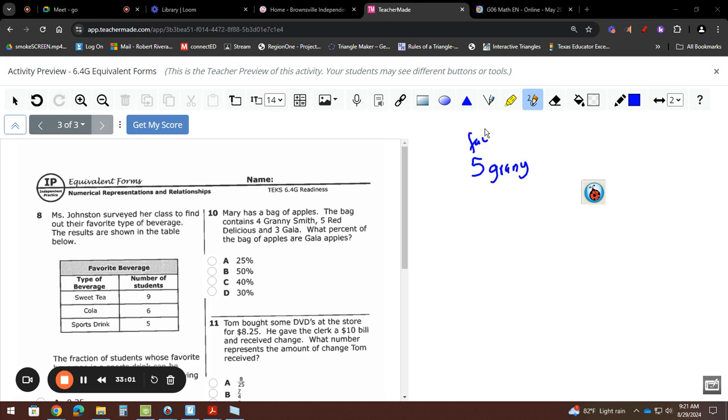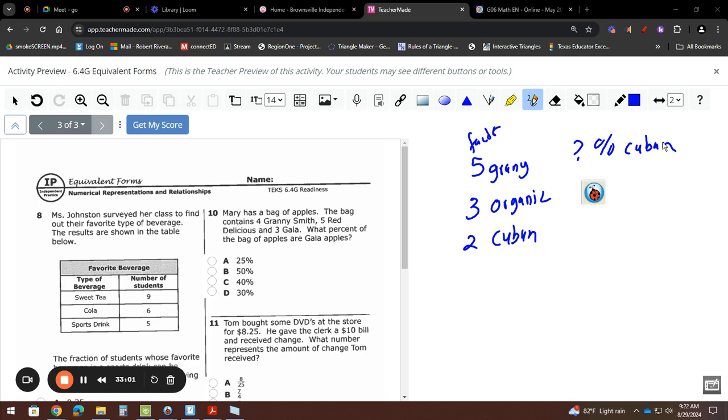These are the facts. 3 organic bananas and 2 Cuban bananas. I'm making this up. So it looks like yours. What percent of the bananas are Cuban? So my question is the percent that are Cuban.